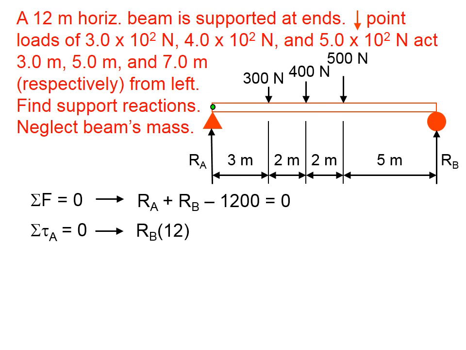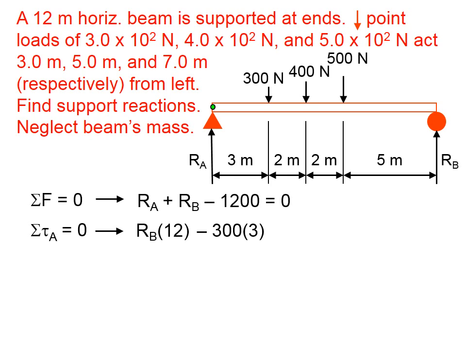So the reaction at B times the distance that reaction B is away, 12 meters, minus the force times the lever arm for the 300 Newton force.